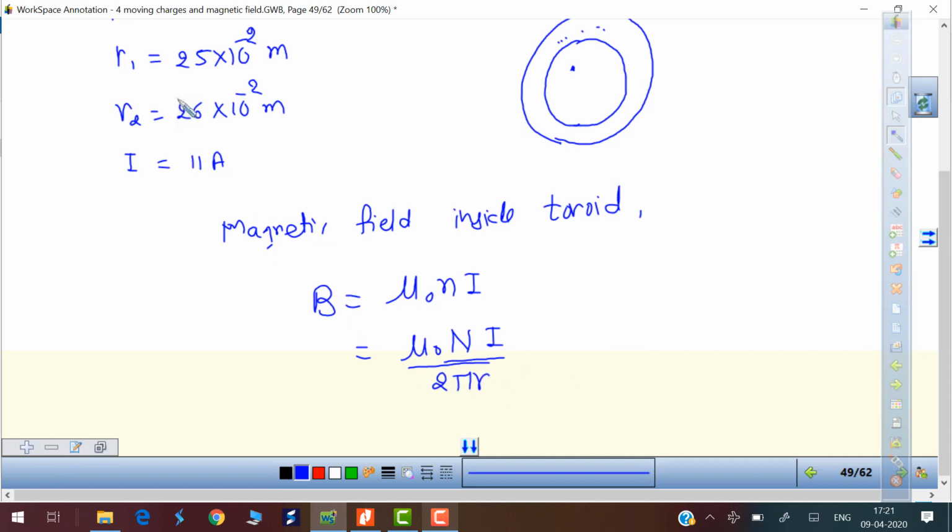Okay, what is r? It is r1 plus r2 by 2. So here r is equal to r1 plus r2 by 2.